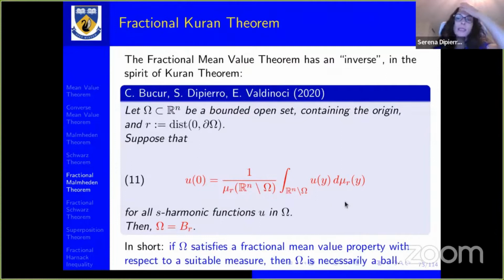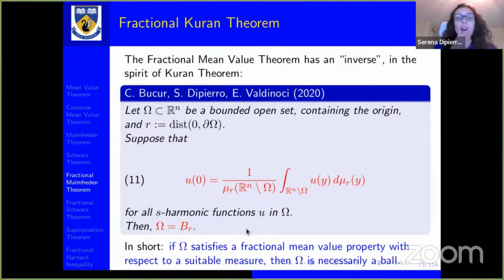So that's why yesterday I said, okay, maybe it's not a completely satisfactory result of this type, because you're somehow forcing the ball into the equation here, but still, I think that it's a reasonable choice at the end of the day. And we will see it's not straightforward to deduce that omega is a ball here.